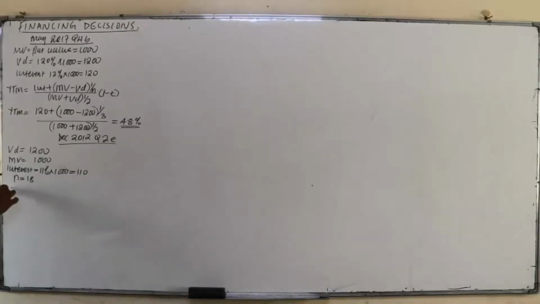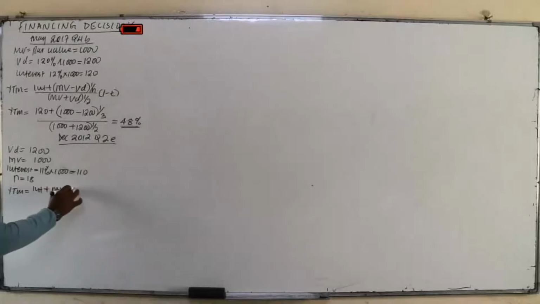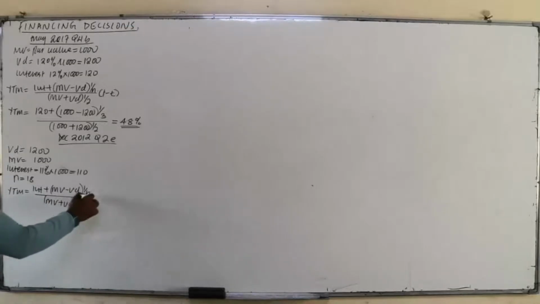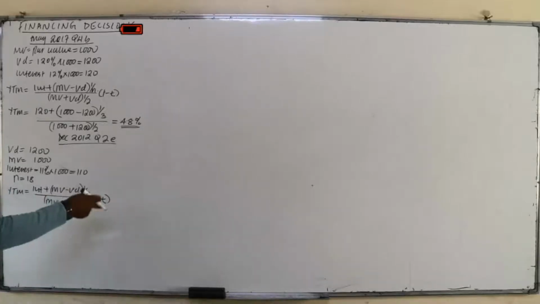For that yield to maturity, you'll take the interest plus maturity value minus the value of the debt, 1 over n, over maturity value plus the value of the debt, you get the average, times 1 minus t. But in this case, there is no tax rate. If there was a tax rate, you multiply by 0.7.